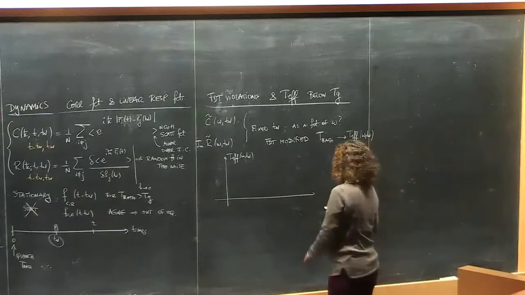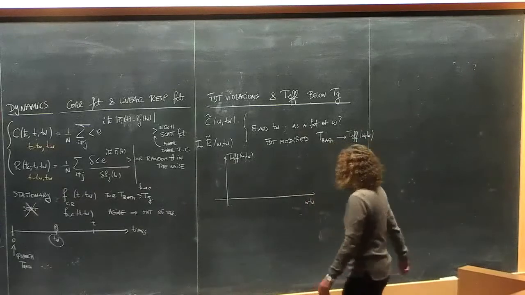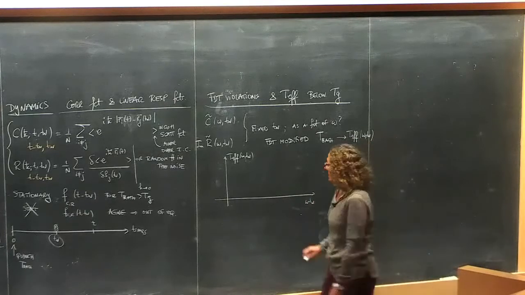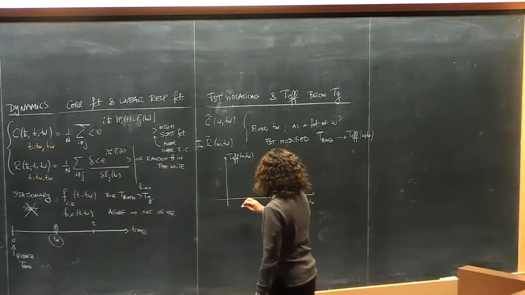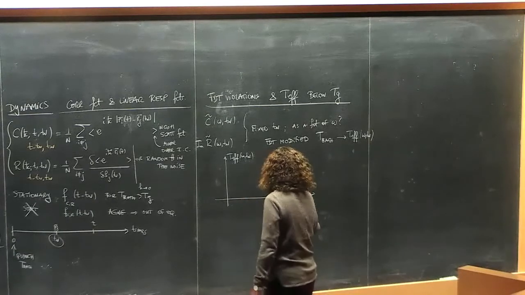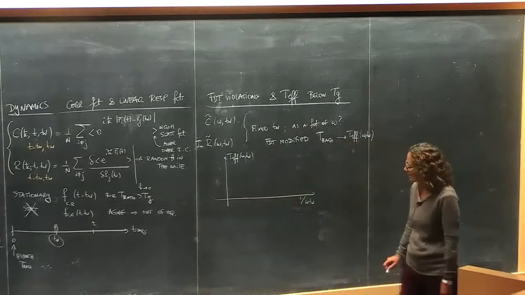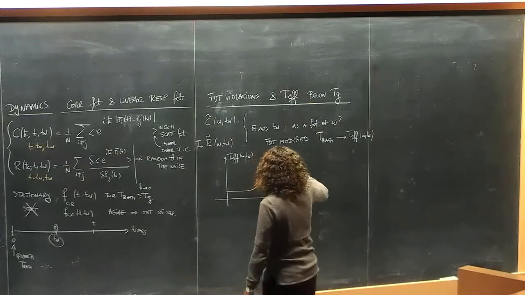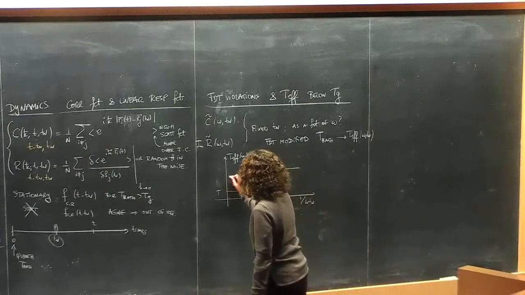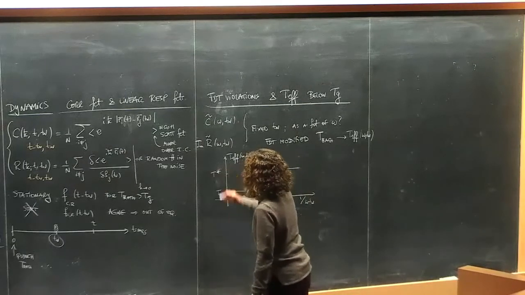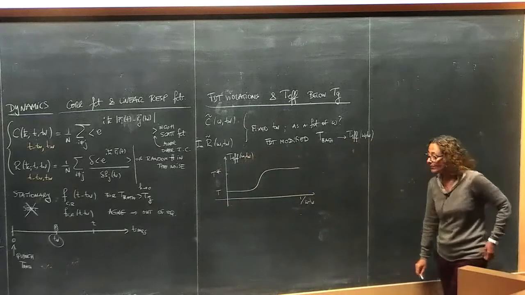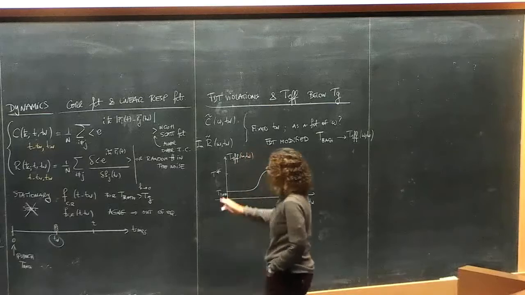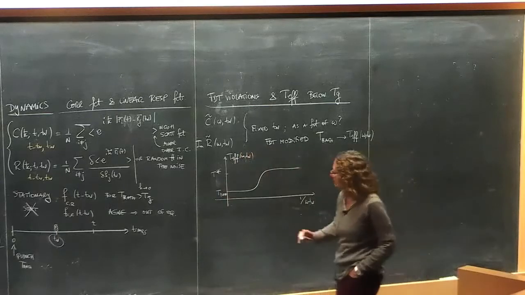I will plot TF as a function of omega times TW. Let me write it as a function of 1 over omega times TW. What will happen is that this quantity will be something like this, with two plateau values, one at the temperature of the bath, and one at a higher value.